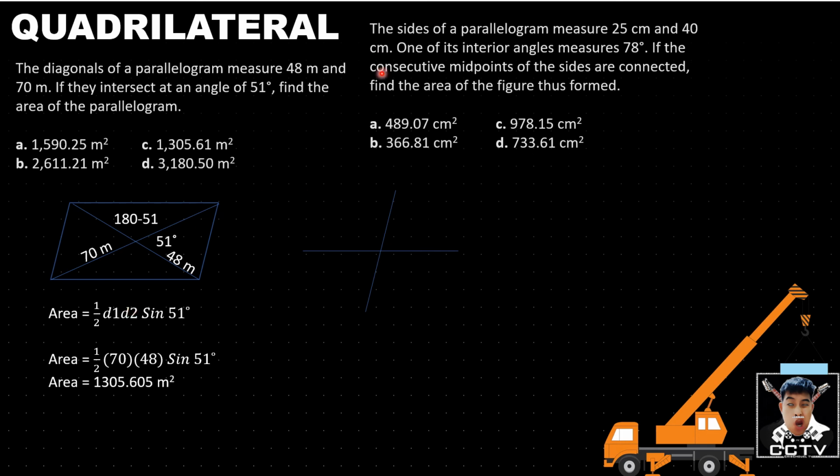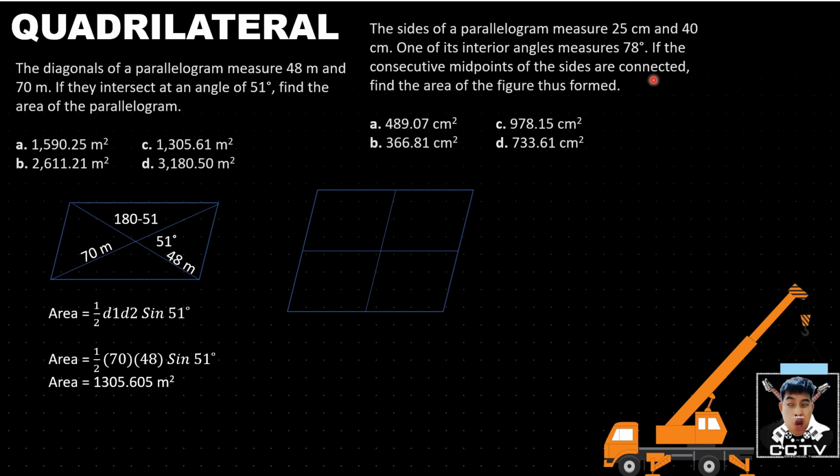Another example: the sides of a parallelogram measure 25 cm and 40 cm. One of its interior angles measures 78 degrees. If the consecutive midpoints of the sides are connected, find the area of the figure thus formed.